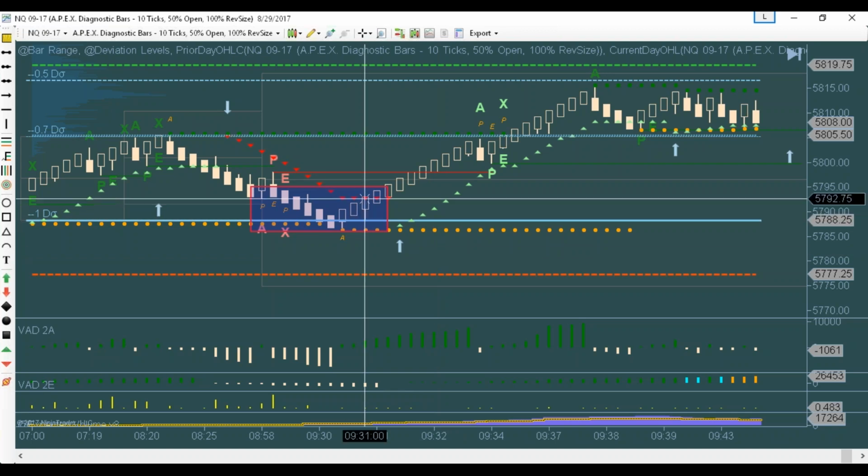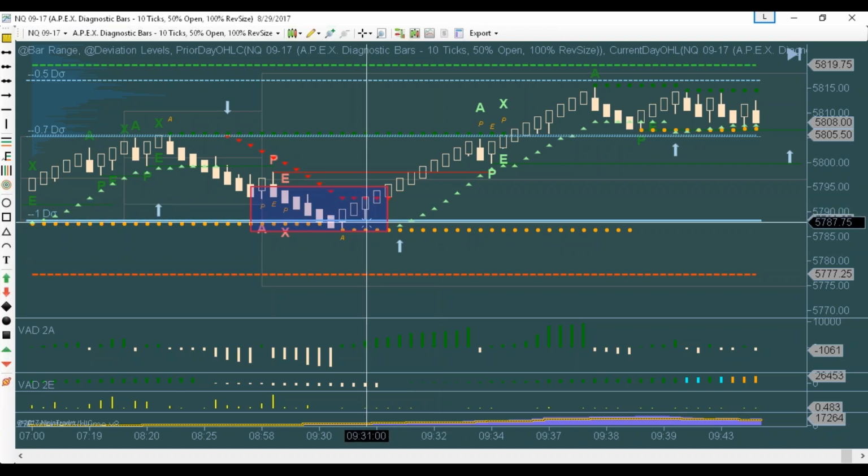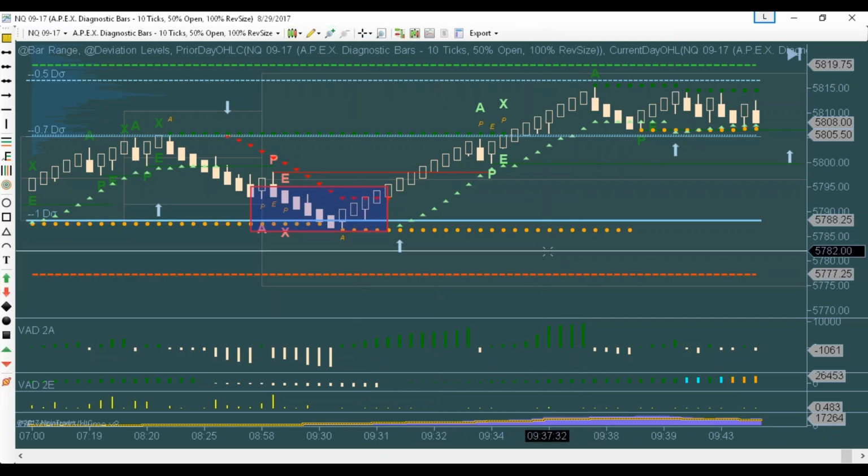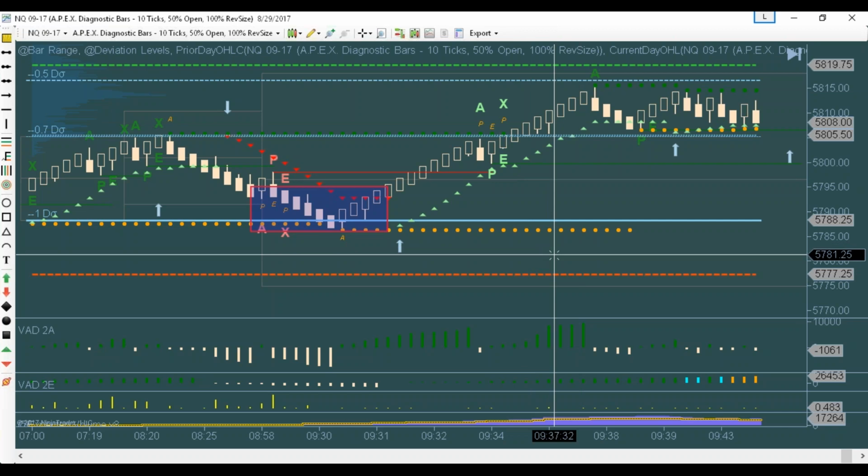Third bar sling that touched back to the deviation level, and then what does it do? Boom, takes off. And for those of you that are new with us and only taking the power play course, what do we know about levels of importance? They're huge, right?